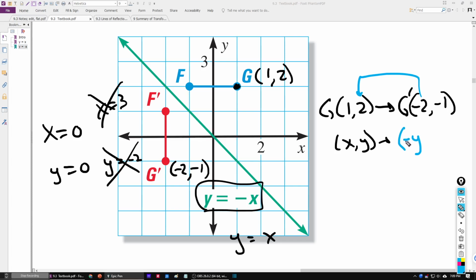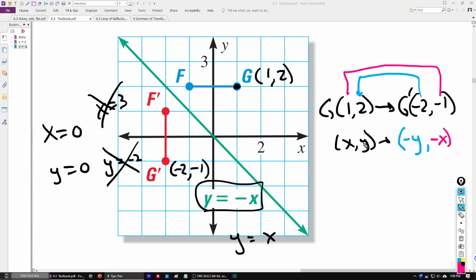Don't think negative, because it could be a positive number, but it's the opposite of y. So whatever y was, I want the opposite of that. Now, where did I get this negative 1 from? Well, I took what used to be the x coordinate and I did the opposite of that x coordinate.